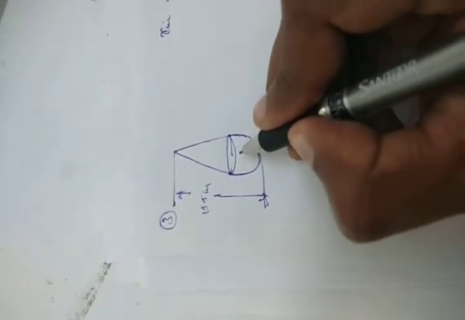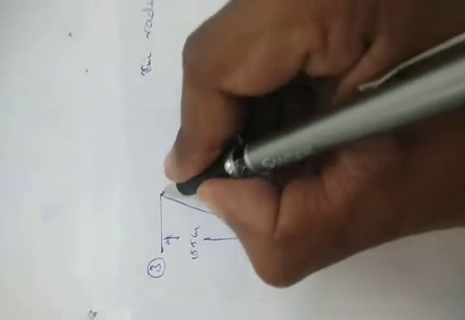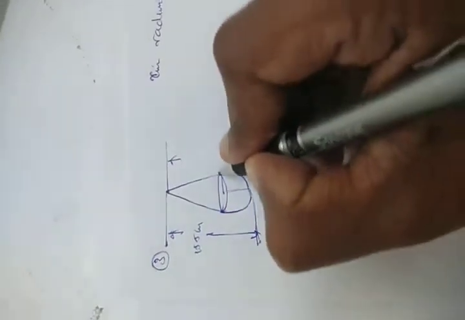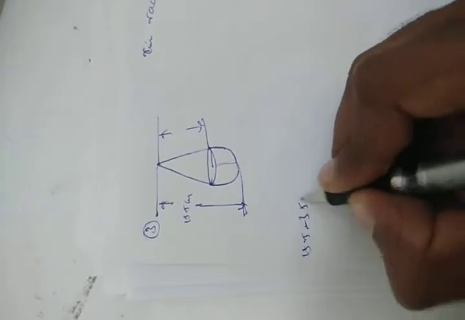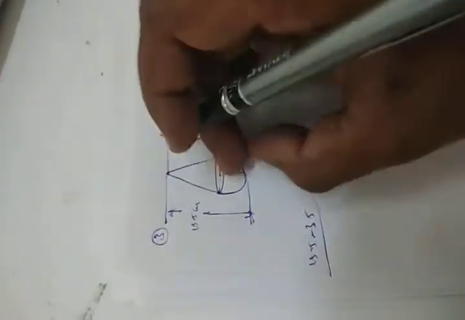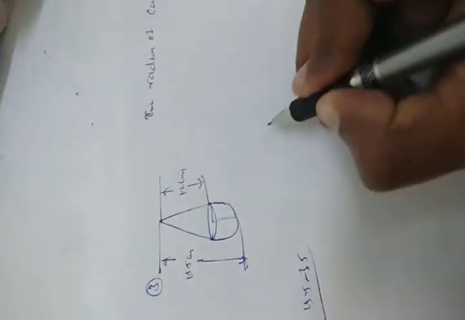The total height will be 15.5. The height of the hemisphere will be 3.5 only. Then this will become 15.5 minus 3.5, that is, the total height of the toy minus the height of the hemisphere. What you get is 12 centimeters.